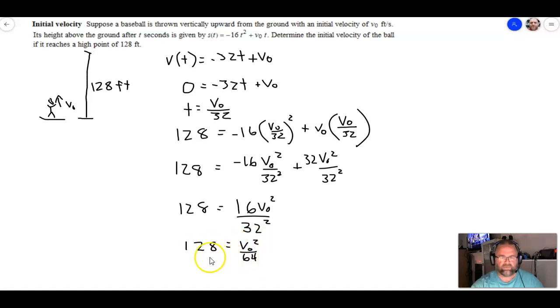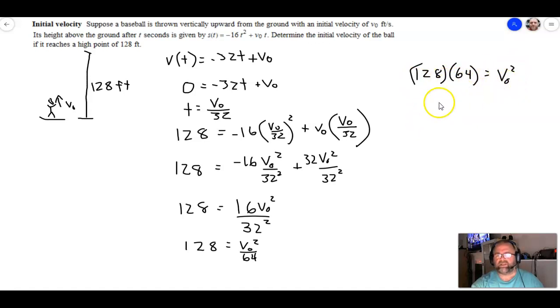Remember, I'm solving for my initial velocity now. So multiply both sides by 64. And right now I'm just going to leave it like this. 128 on the left times 64 is equal to v naught squared. I'm going to show you why I'm not going to multiply that out yet.